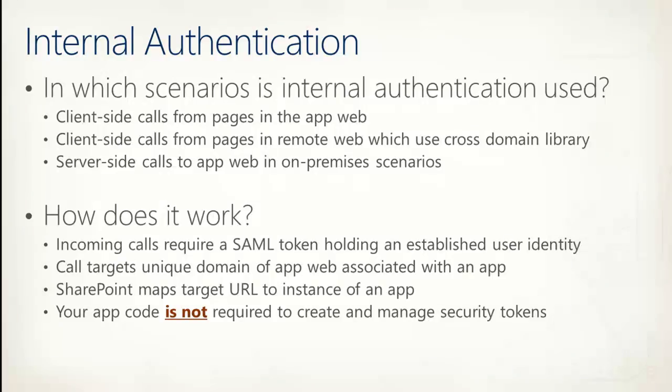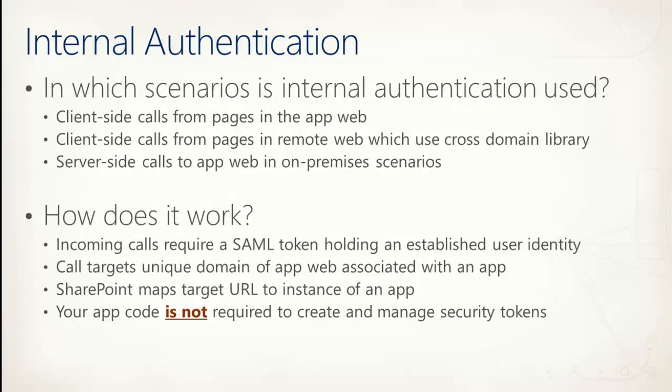The idea is that we need it for SharePoint-hosted apps and for other cases where we either don't want to or for various reasons can't configure external authentication. So how does it work? First of all, the incoming call has to be authenticated as a user and have a SAML token.